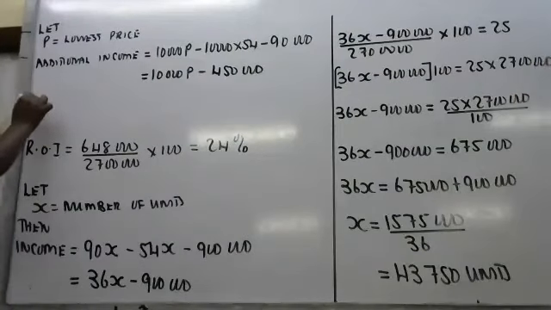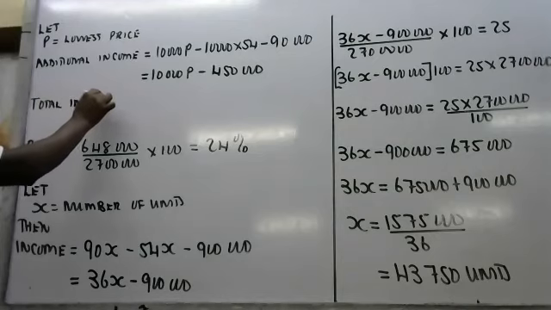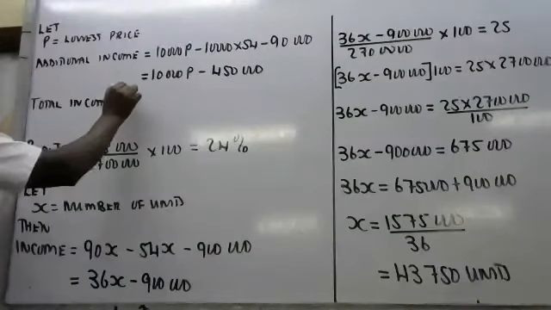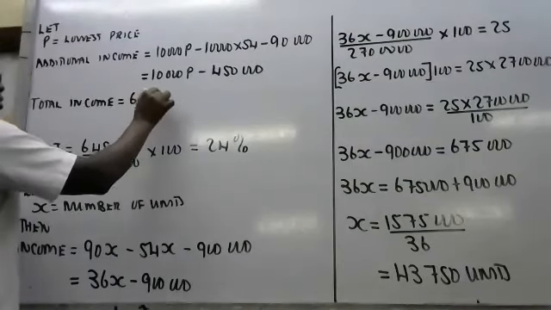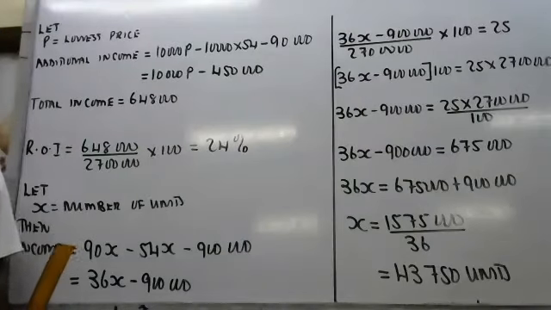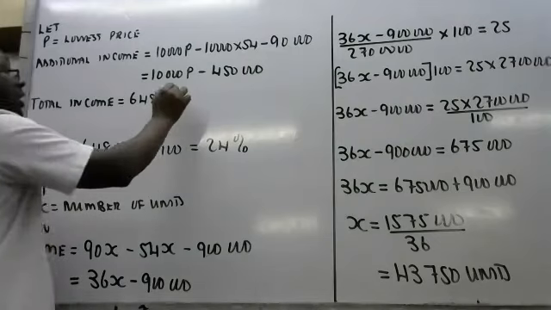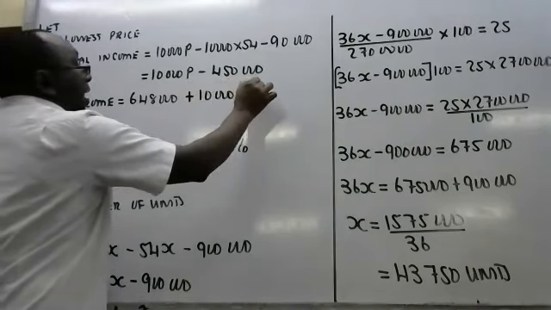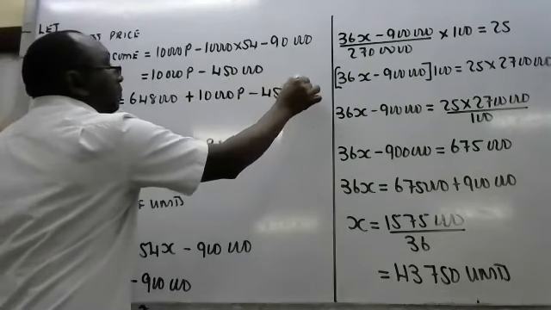Total income should be the current income that we had, which is 648, which came from the 43, plus this other one we are generating, 10,000 P minus 450,000.